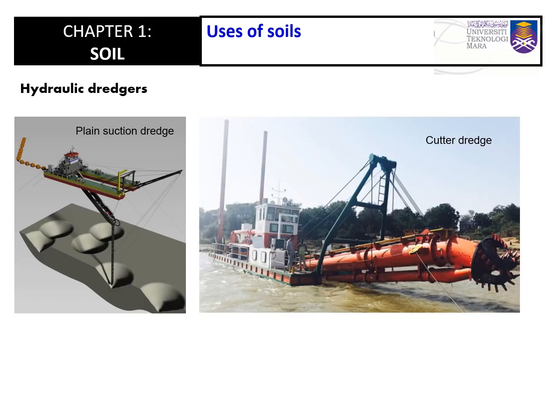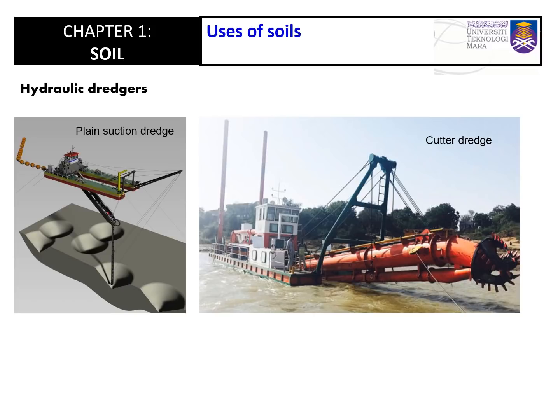So this is cutter dredge, this one on your right, the picture here. So the cutter at the front of the machine, you have cutters. So you have different types of cutters. It depends on the type of soil in the sea. So this one, yang ini, the red one, it will go underneath dalam air and it will move left and right.